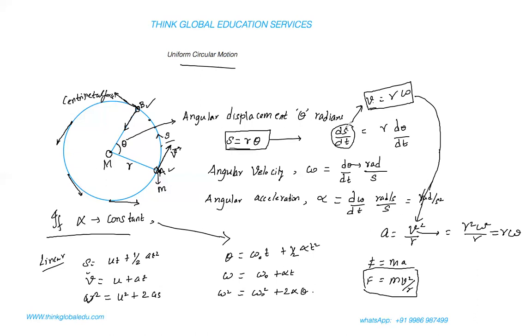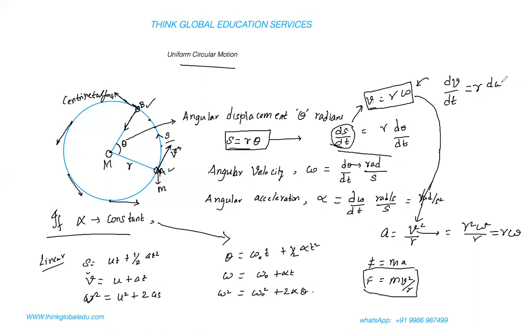So we can find out the tangential acceleration using these values. As we know that v is equal to r omega, if we further differentiate this equation with respect to time, dv by dt, r is a constant value because the radius is a constant value.